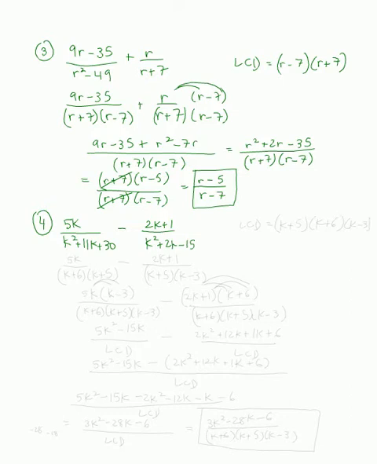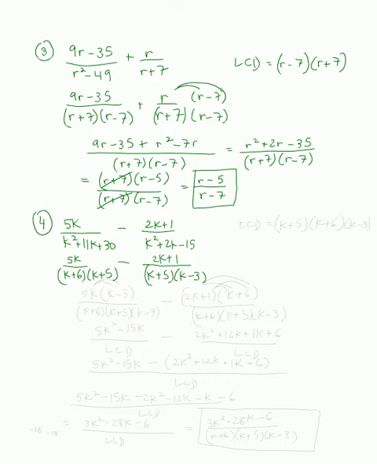So the first one becomes, well, what are two numbers that multiply to 30 and add to 11? That's 5 and 6. So I'm going to rewrite it as k plus 6 times k plus 5. Now the second one, it's going to be 5 and negative 3, right? K plus 5 times k minus 3.